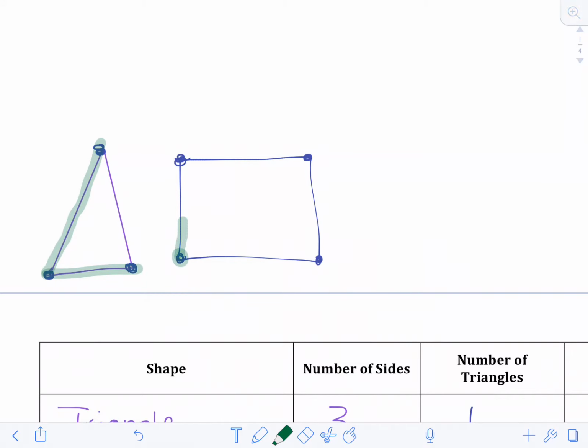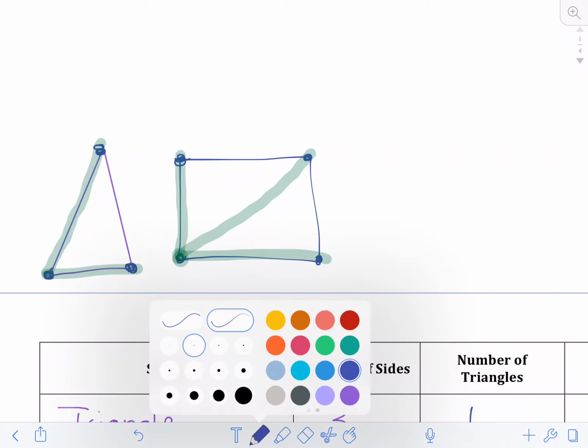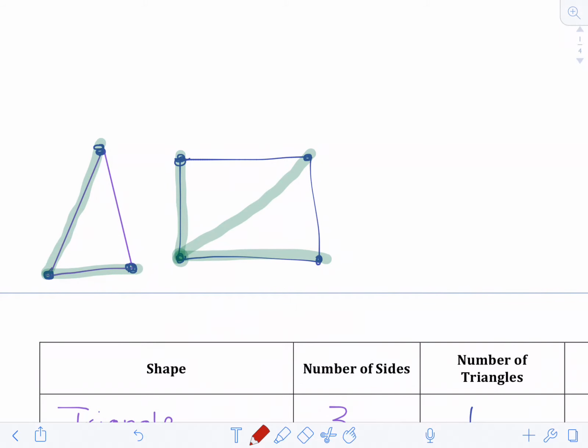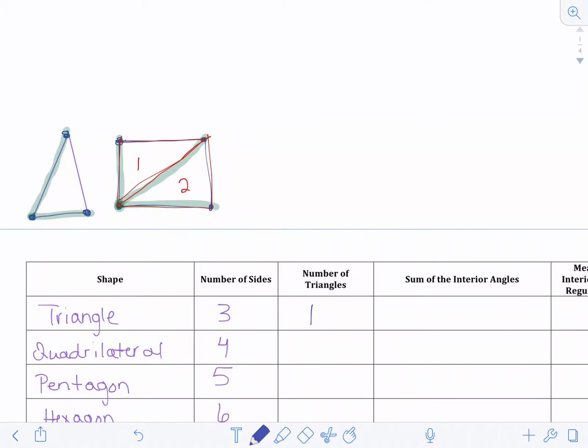So there's 1 line, there's 2, there's 3. I have 3 lines, and that splits this quadrilateral into 2 triangles. Here's 1 triangle, and here's 2 triangles. So a quadrilateral has 2 triangles.